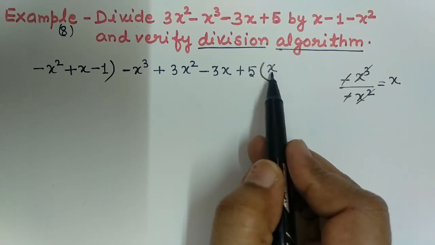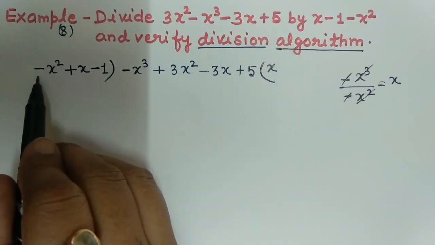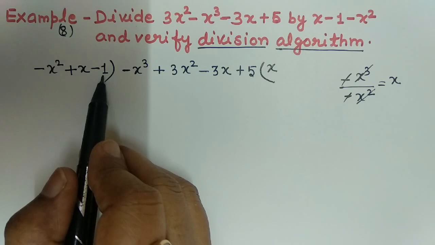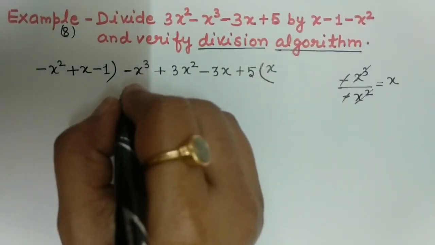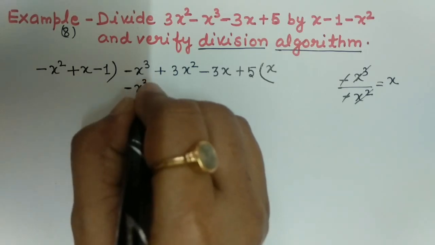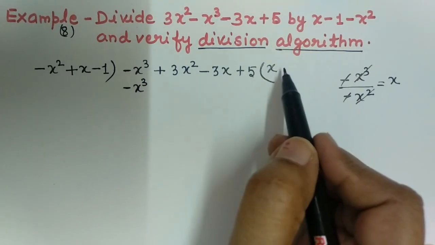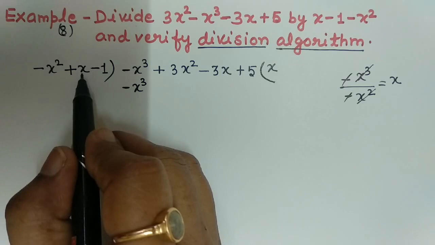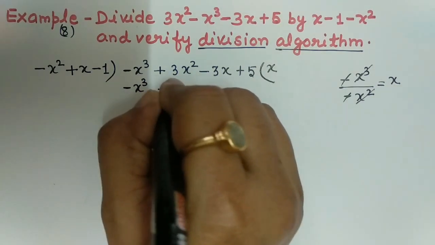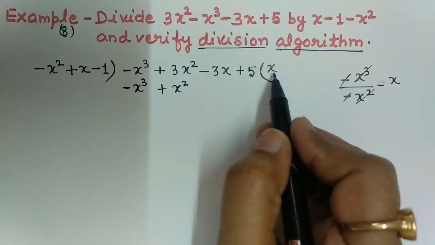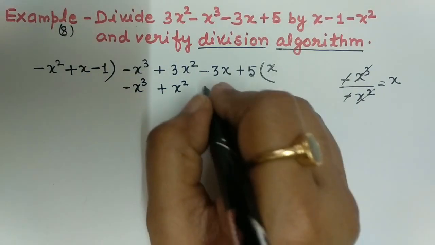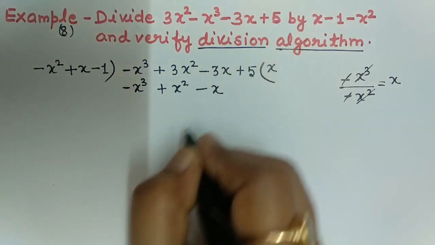Now I multiply this x with each term of the divisor. So when you multiply x with minus x square, you will get minus x cube. When you multiply x with this x, you will get x square. When you multiply this x with minus 1, you will get minus x.